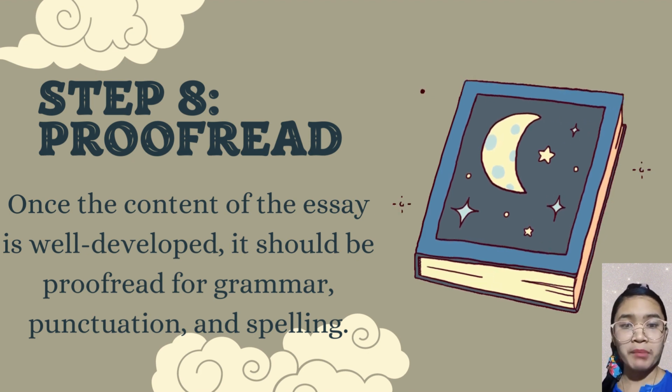The paper should be printed and proofread several times until an accurate final copy is created. Be alert to common grammatical errors such as sentence fragments, comma splices, or run-on sentences.